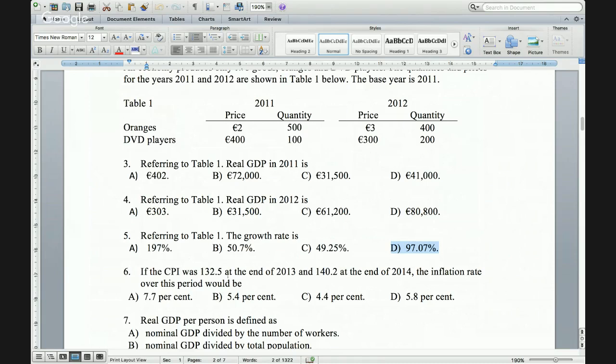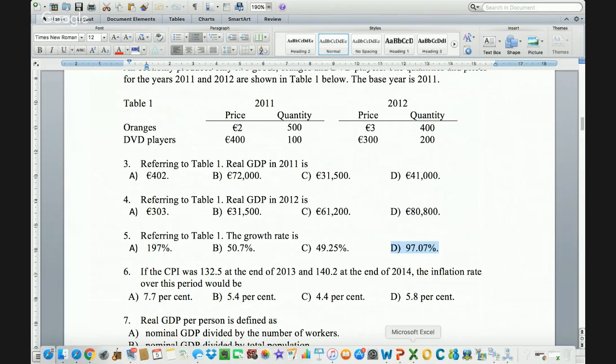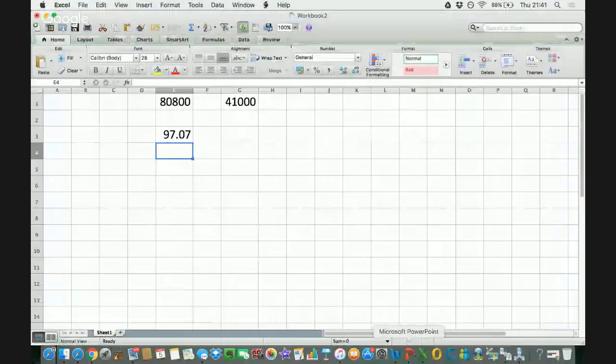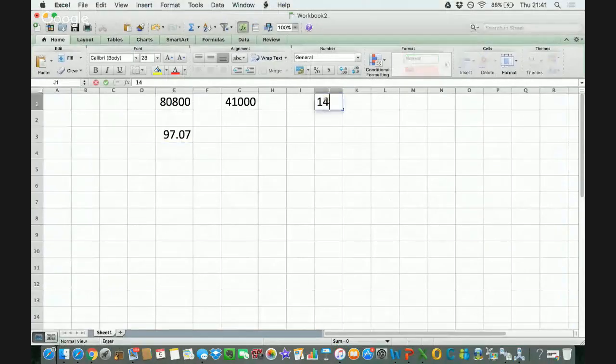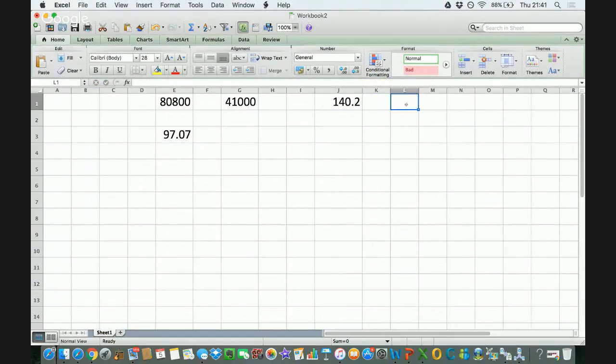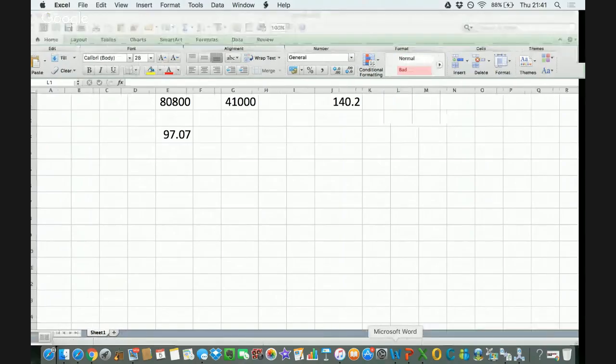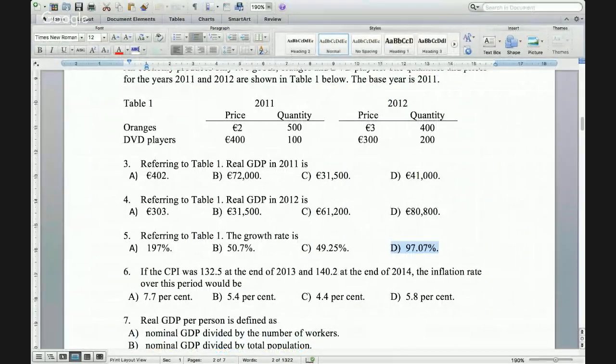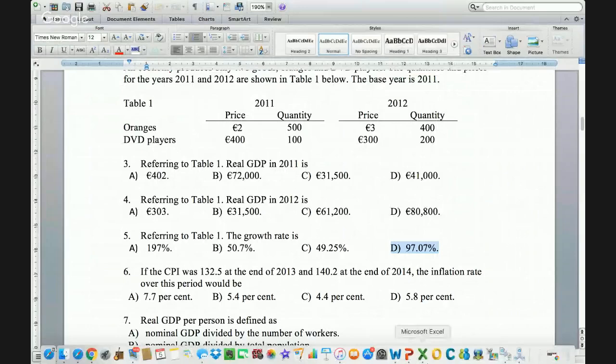Your formula here is identical to the one we just looked at in question 5. In other words, you choose your new figure, which is your 140.2 in this case, minus your old figure, 132.5, and you divide that by your old figure. So again, I'm just going to show that in your Excel file. That was your new figure, 132.5.